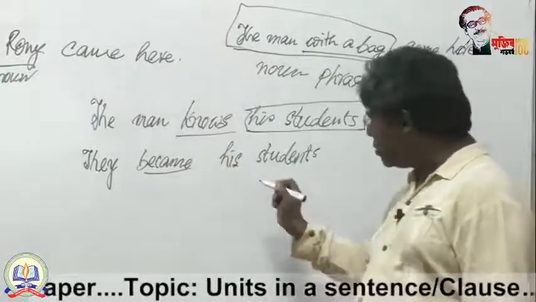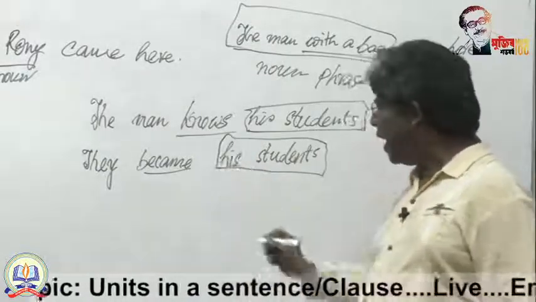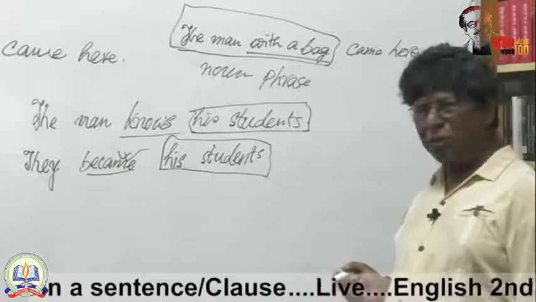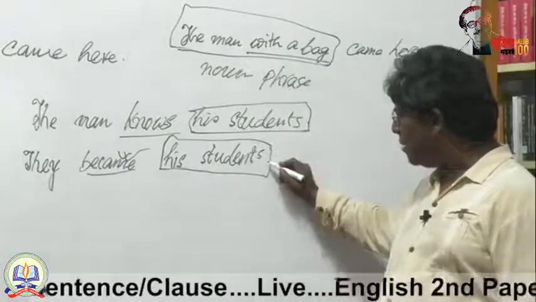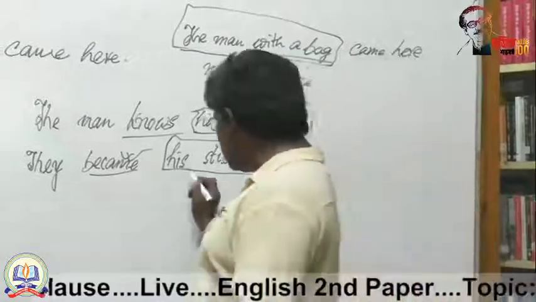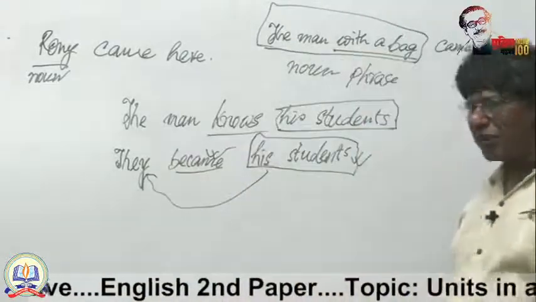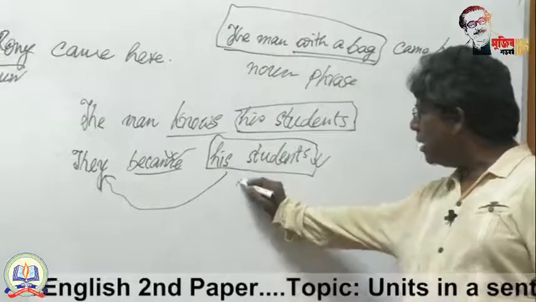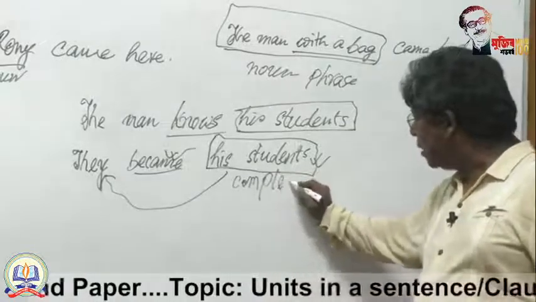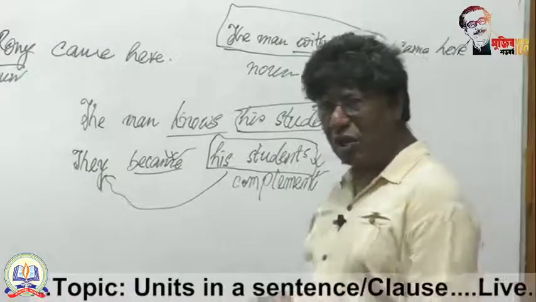When we have used the same noun phrase, his students, after the finite verb became, we have got a different idea about the noun phrase his students. Here his students refer to the subject or qualify the subject itself. Thus, when the noun or noun phrase qualifies the subject, it is called the complement.